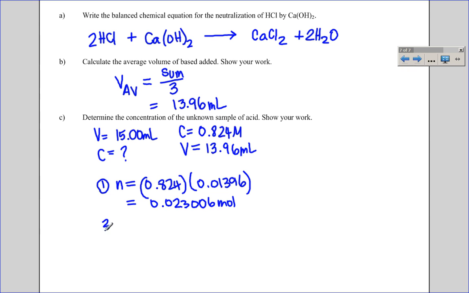Now you may notice that the data that we're dealing with is quite precise, and that's the nature of doing a titration. Every value that we have, every piece of data that we use when we're doing a titration is as precise as possible. And we use very precise equipment, as you'll see when you do a titration, in order to maximize the precision.